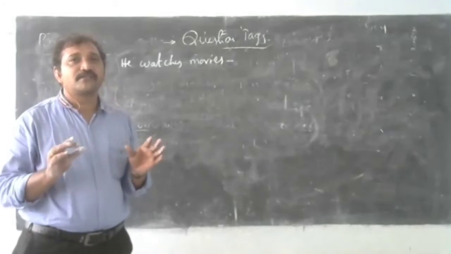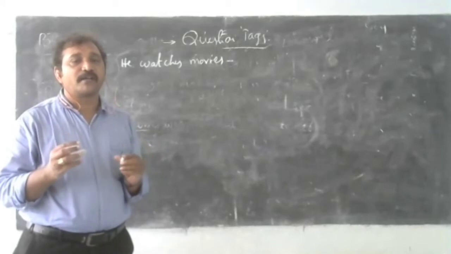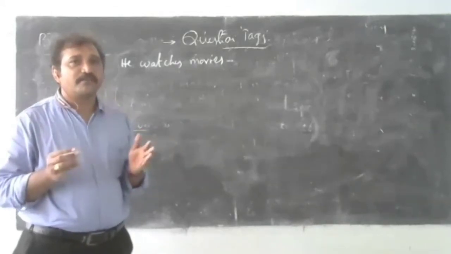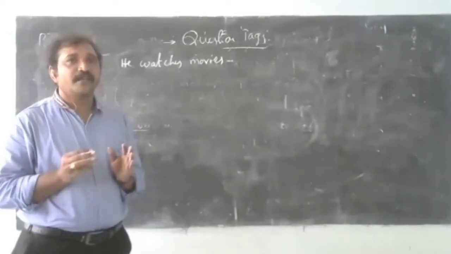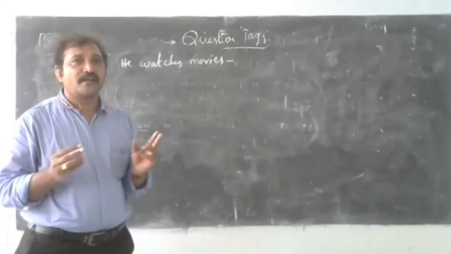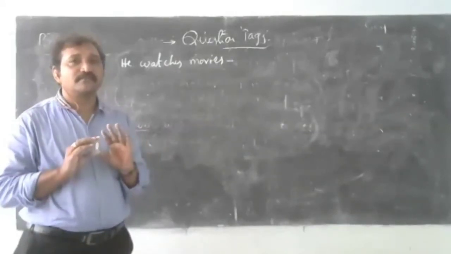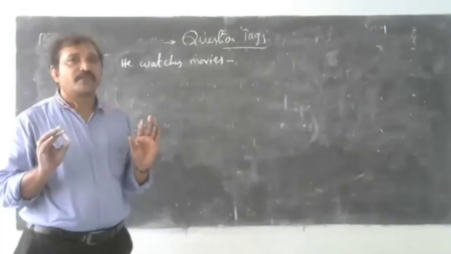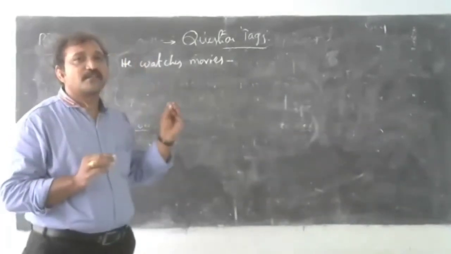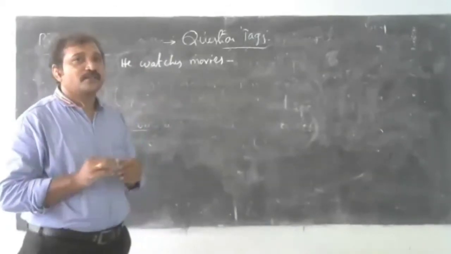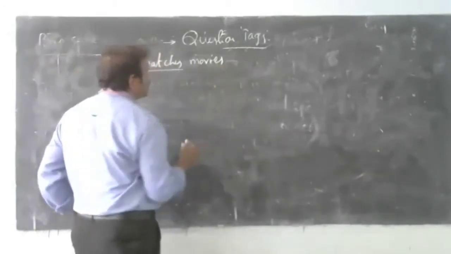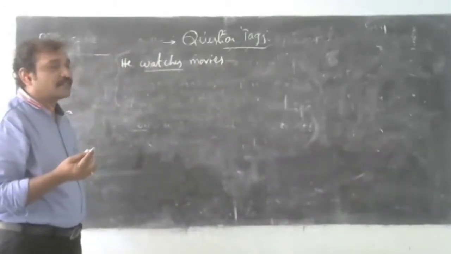In the English language, 12 tenses are very popular. If you go through the tense table, naturally you can find there are merely two tenses that don't have any auxiliary structure while making a sentence. They are simple present and simple past. So this is a statement. He watches movies. How can we take a question tag for that?